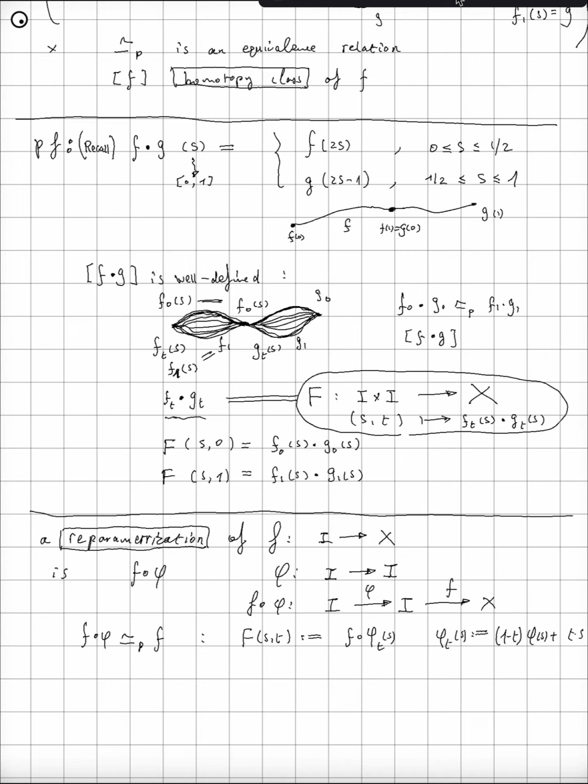It's just a linear combination of phi and identity, and so this is obviously a continuous map with respect to s and t.